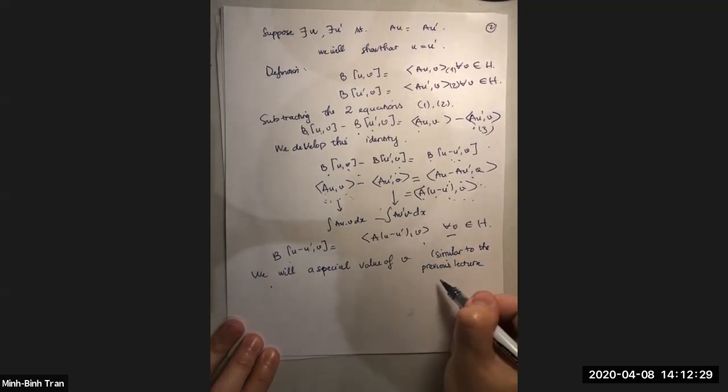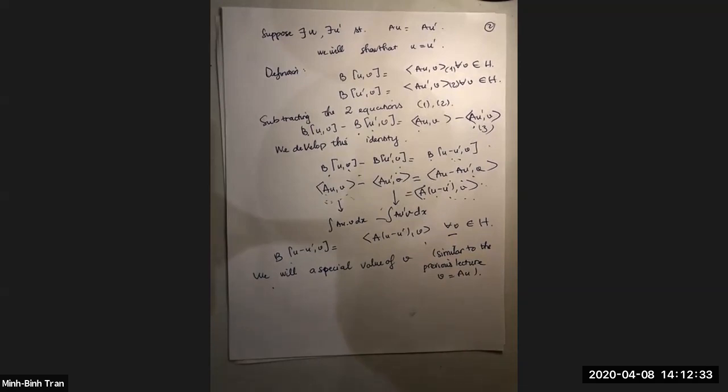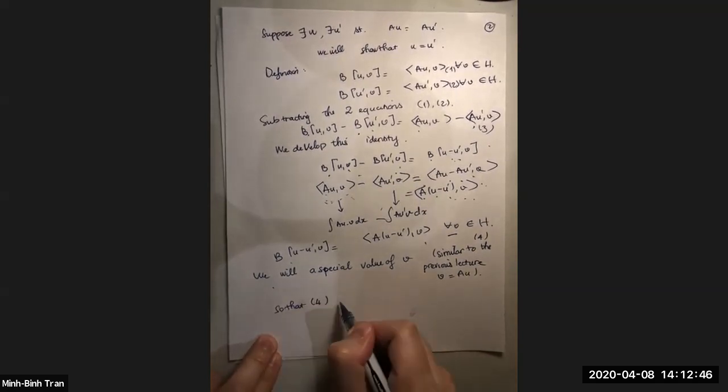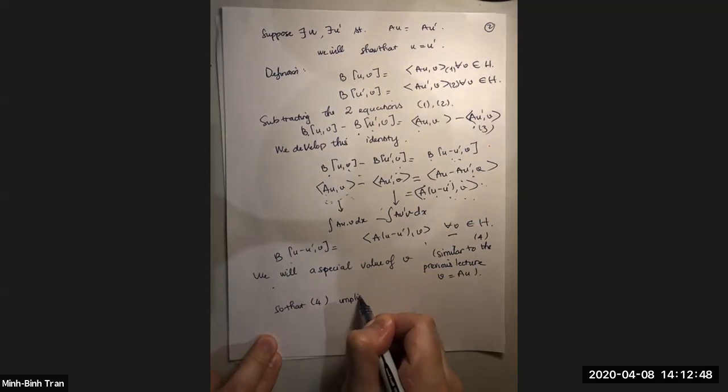In the previous lecture, we chose V equal to AU. Now we have to choose a special value of V so that the fourth equation implies U is equal to U prime.